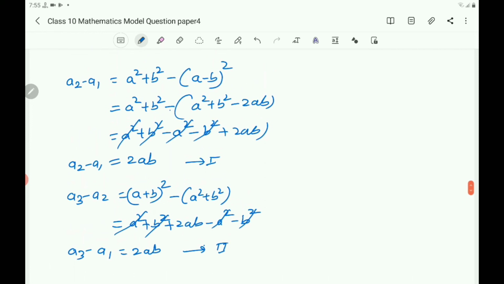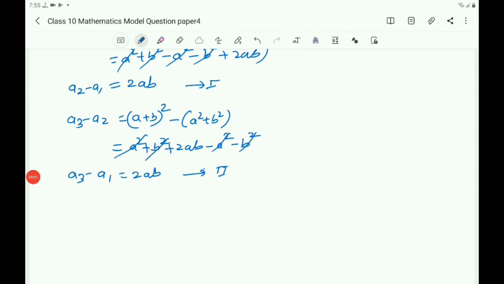So from first and second, what you got? From first and second you got a3 minus a1 equals a2 minus a1.